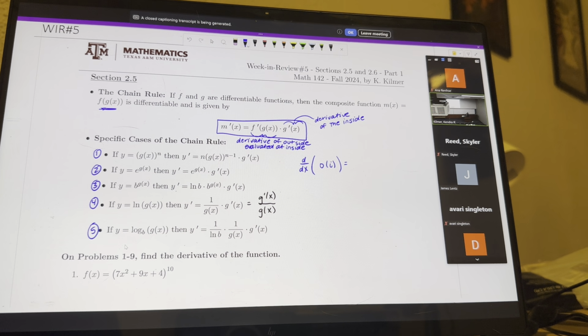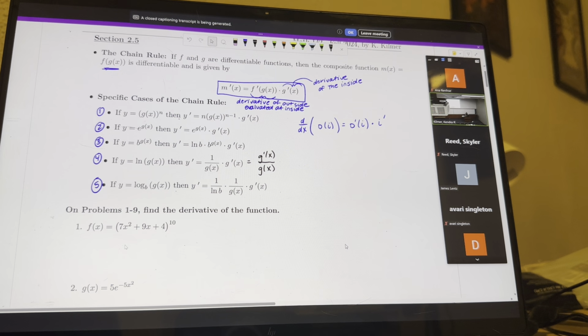So the chain rule tells us we're going to take the derivative of the outside evaluated at the inside, so O prime of I, right, times the derivative of the inside, so the inner function is what I'm calling I, so I prime. Okay, so really three different ways of looking at this. In my personal opinion, it's a lot of work to go through and define O and define I, but if that's what you need to do to be able to use the chain rule appropriately, then do it.